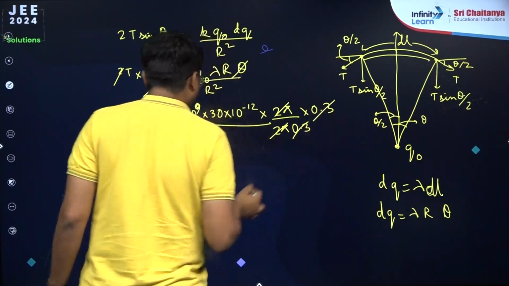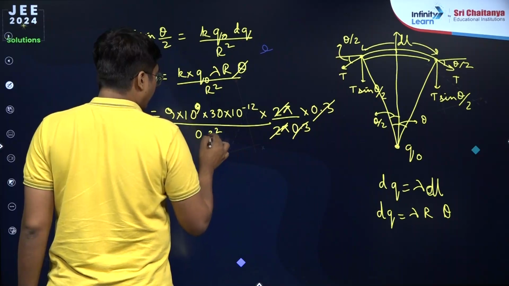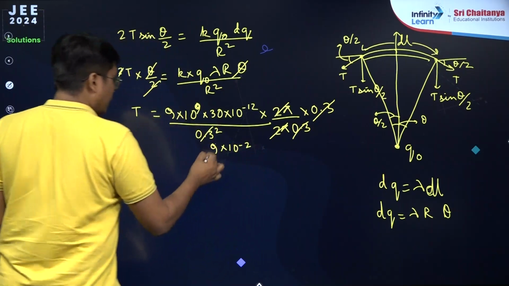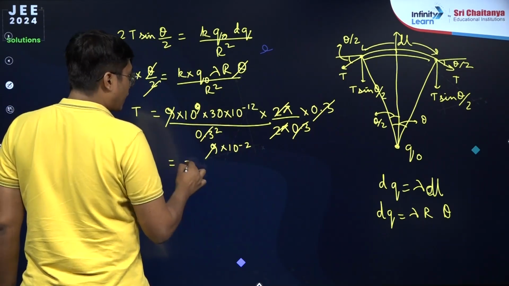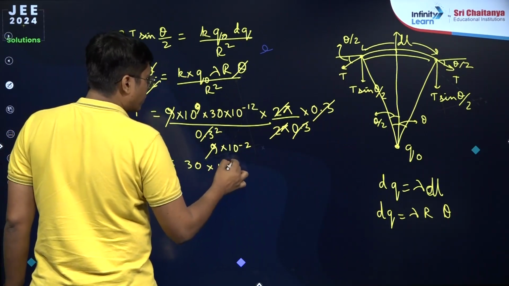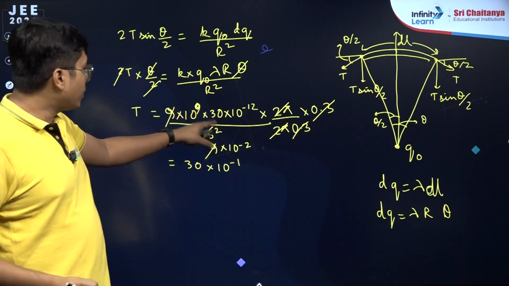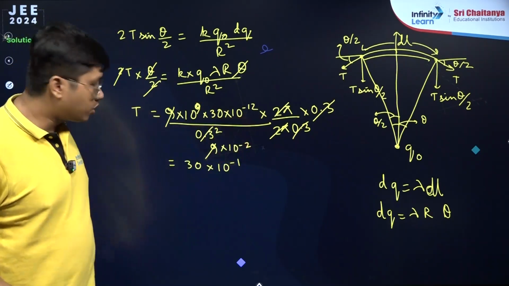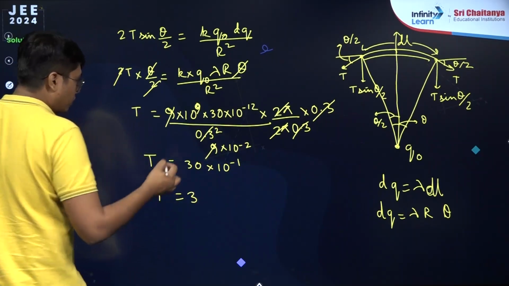Cancel out one of the 0.3's. 0.3 square can be written as 9 into 10 to the power minus 2. Cancel the 9's out. Send this up top, 10 to the power 11. So we have 30 into 10 to the power 11 into this, 10 to the power minus 1, because 10 to the power 9 plus 10 to the power 2 would be 10 to the power 11 into 10 to the power minus 12, 10 to the power minus 1. So we get the final tension, T is equal to 3.